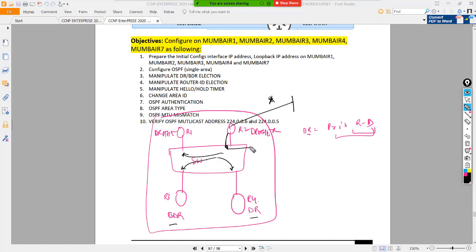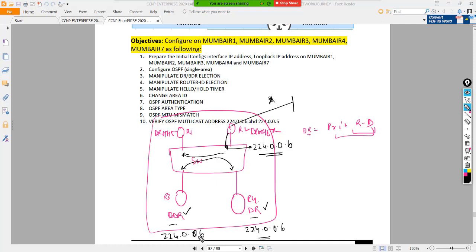Basically this multicast address is listening on this IP. Okay, 224.0.0.6. Now who is capable of listening to this address? It's your DR and BDR. So your DR and BDR have a capacity to listen on this multicast address additionally.